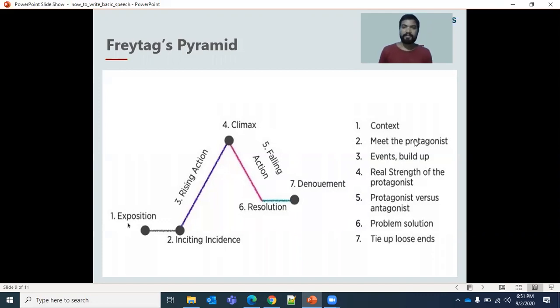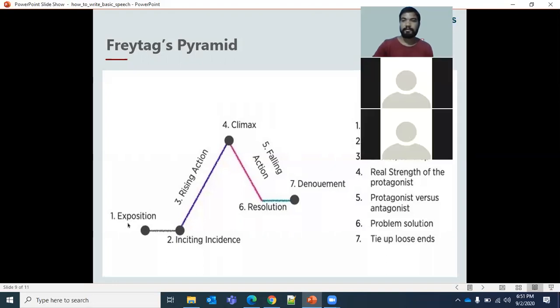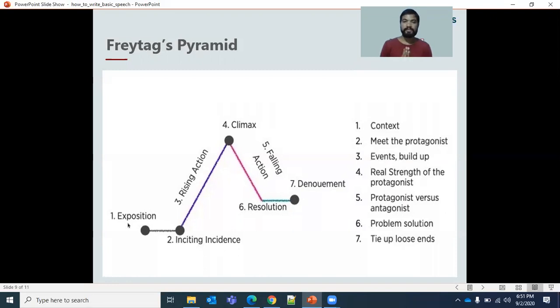Now I think we have got a lot of idea of how the structure is there for a speech, and this one is particular for a story, so this story will be placed inside our speech. After that, I think we have got everything for content, we have got structure.